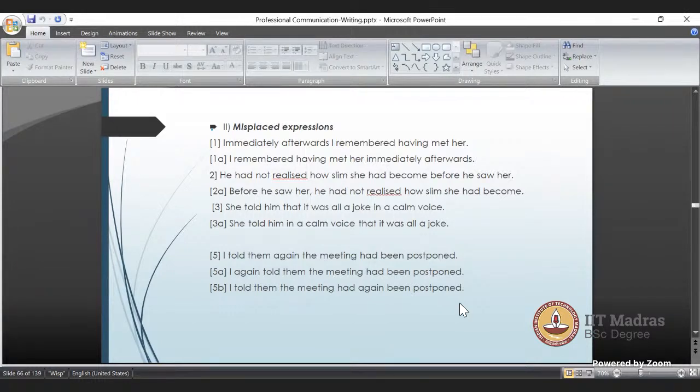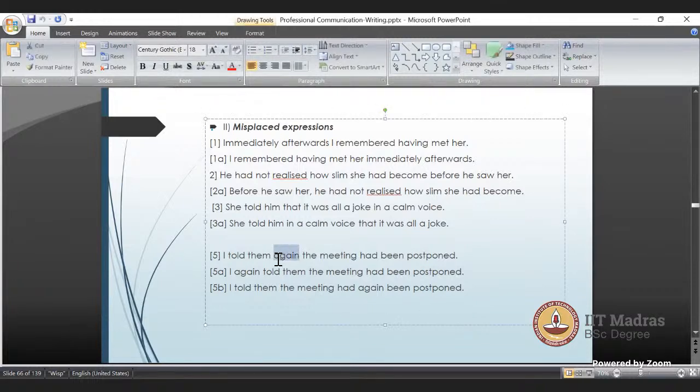So the fifth one is a case where you have certain expressions which can give you multiple readings. It can have several interpretations. So like the word again, right? This is the one which we are focusing on now. Look at how again is used differently in both the sentences, and in both sentences it gives you a different meaning based on where it is used.